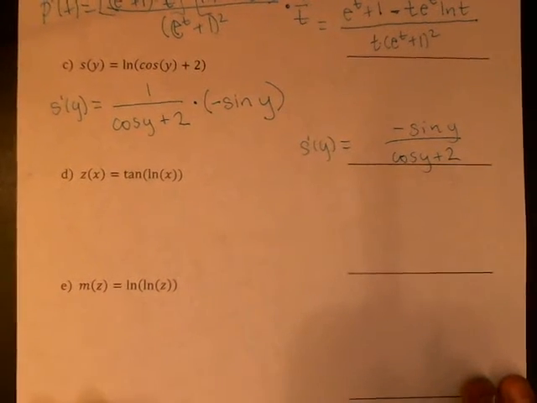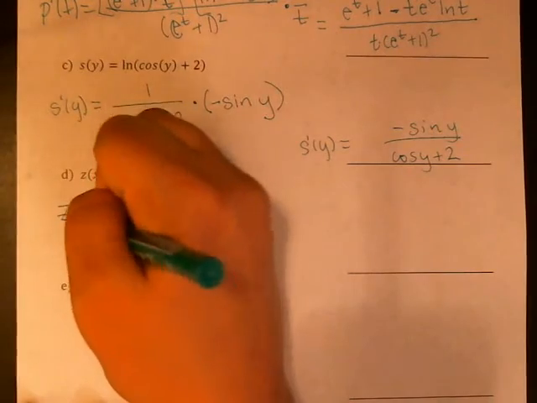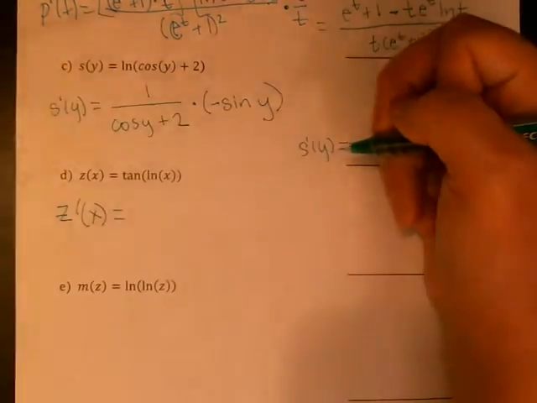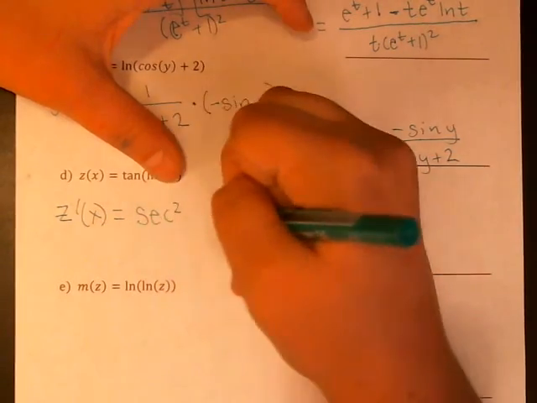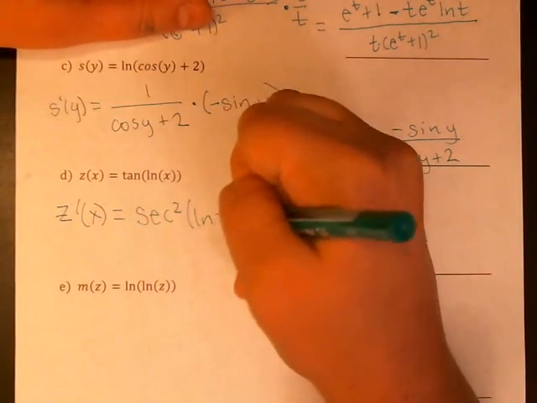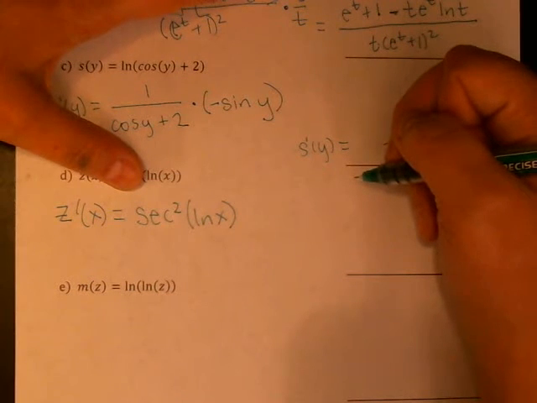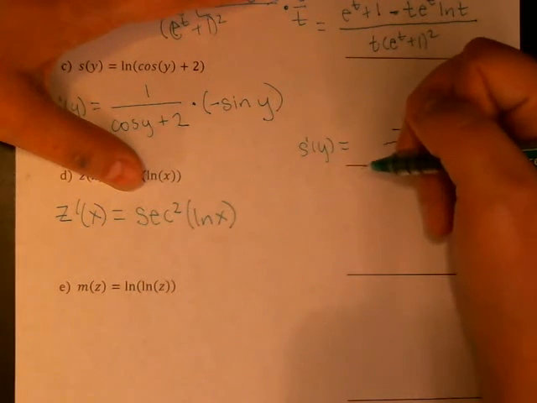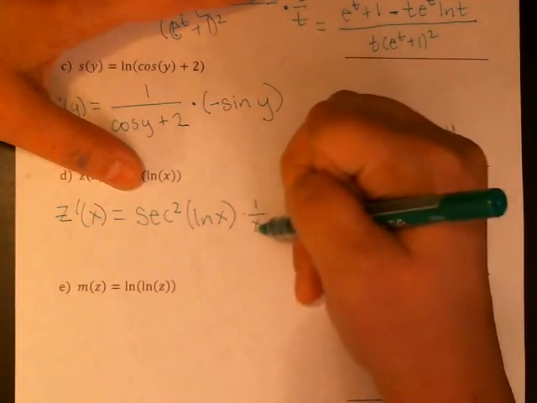Okay, now I have the tangent of the natural log of x. Again, it needs to be really clear to you when we have of versus times. So this is tangent of stuff. Its derivative will be secant squared stuff. Once we've dealt with the tangent, we're left with the natural log of x, which means we're going to be multiplying this whole thing, and this really is multiply because it's a chain rule, by 1 over x.